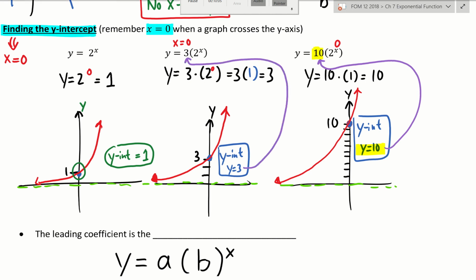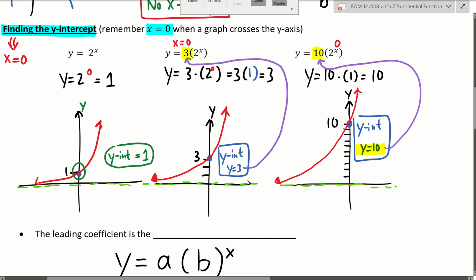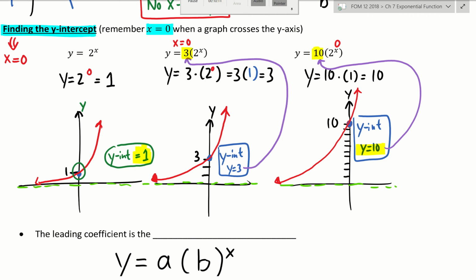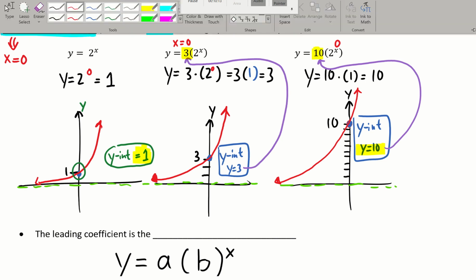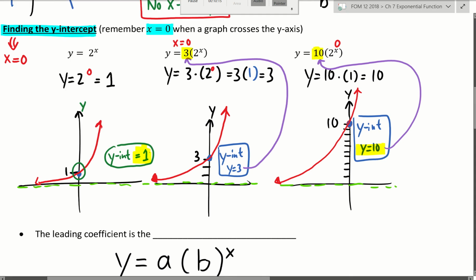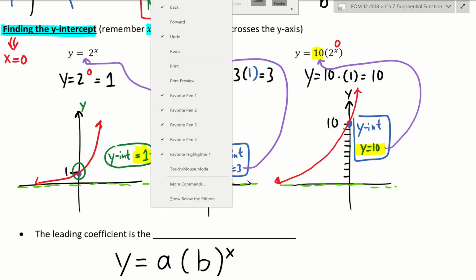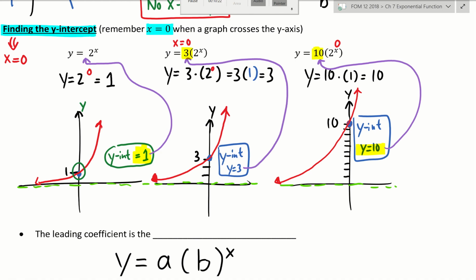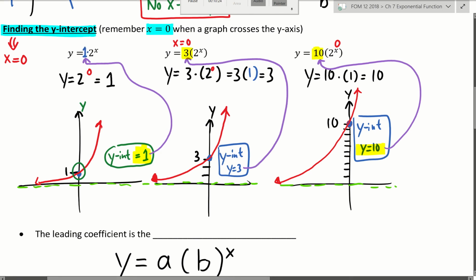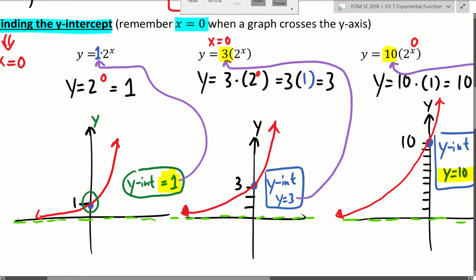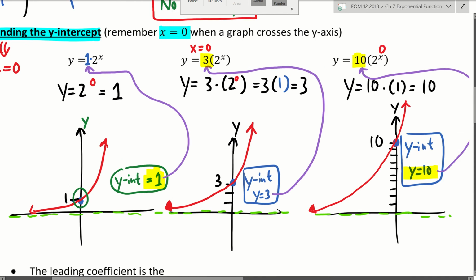Is that 3 right here? Now, you might say, what about the first one when y equal to 1? Well, that one works too in a sense, because even though there is no 1 in front, there could be a 1 in front. 1 times 2 to the 0 is 1, so it's a hidden 1.